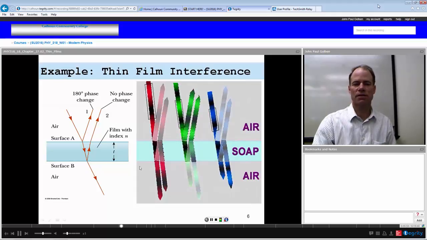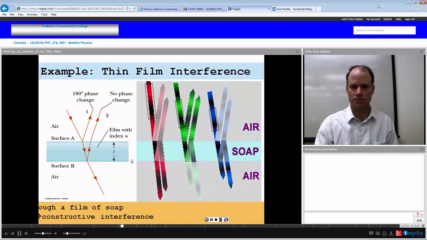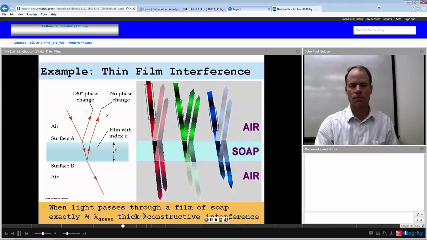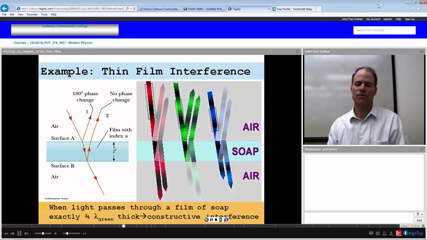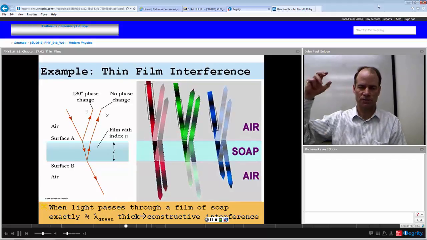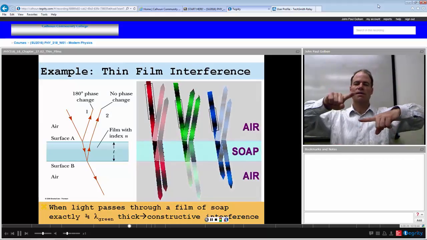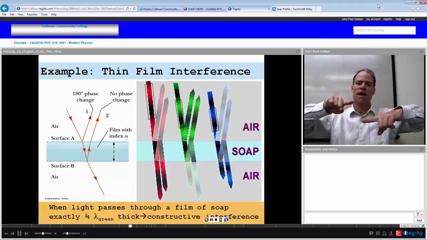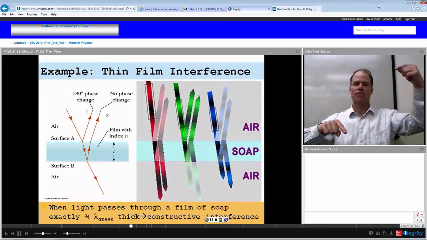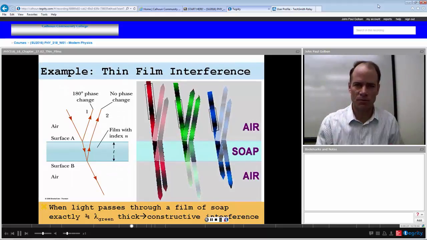So in this particular case, let's say we had a thin film. When light passes through a film of soap, which is exactly 3/4 of the wavelength of green light, we will get constructive interference for green light and not necessarily any real constructive interference for any other color light, because the green light will pass an extra 1.5 wavelengths of path difference, and upon reflection we'll get a half wavelength from that.